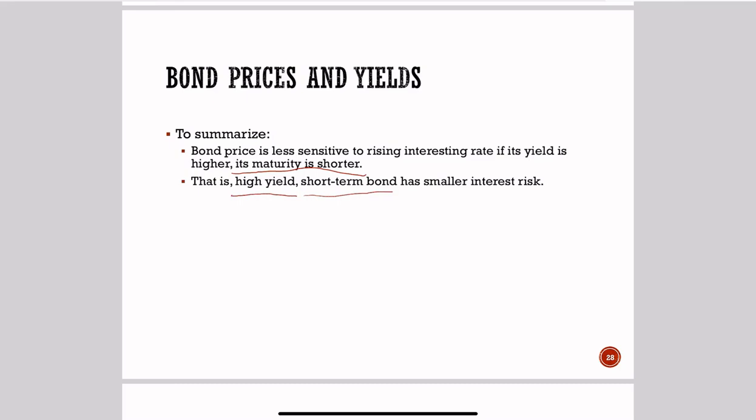This basically means that if you're expecting interest rate will rise in the future, for example, if Bank of Canada is increasing its benchmark rate, then you would know that interest rate will be higher. And if you expect Bank of Canada to do so in the future, then maybe you should adjust your investment. Maybe you would want to invest in high yield short-term bond.